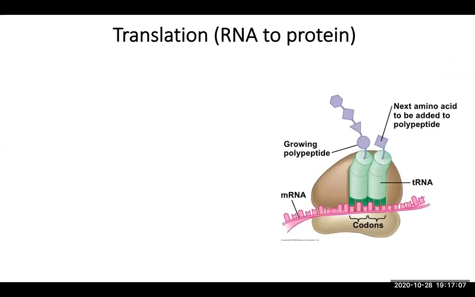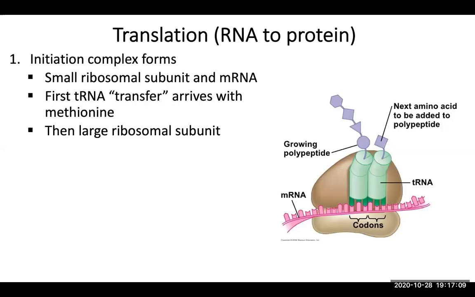So it turns out that the initiation complex actually forms first. The mRNA doesn't just squeeze into a ribosome.